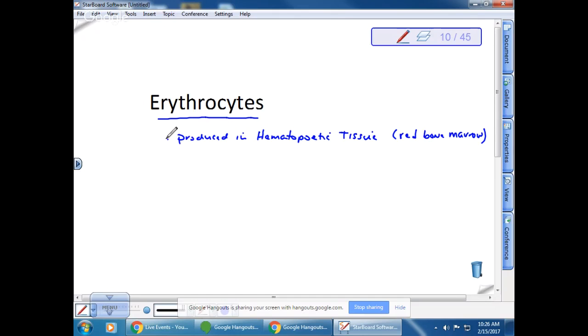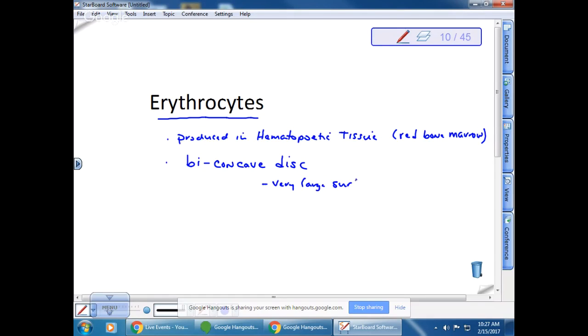They have a shape which is called a biconcave disc. Actually, I think it's with a C. Biconcave disc. Okay. So when we look at their shape, it has a very large surface area.